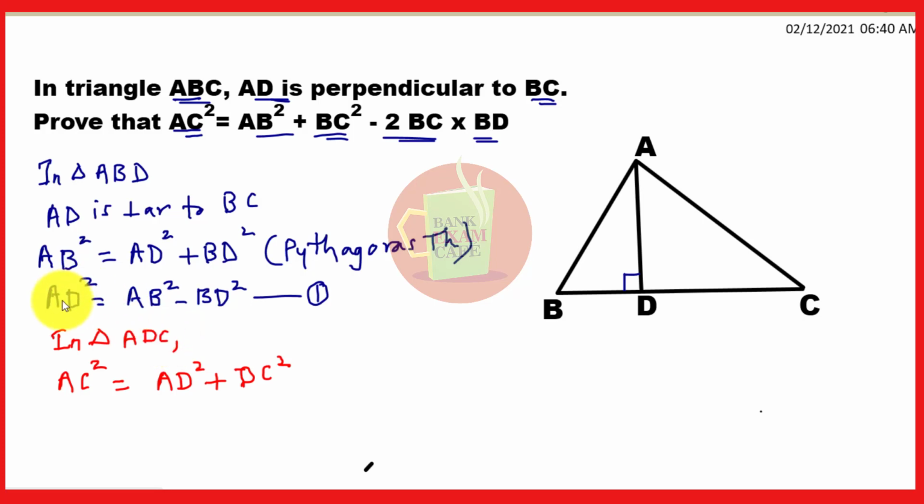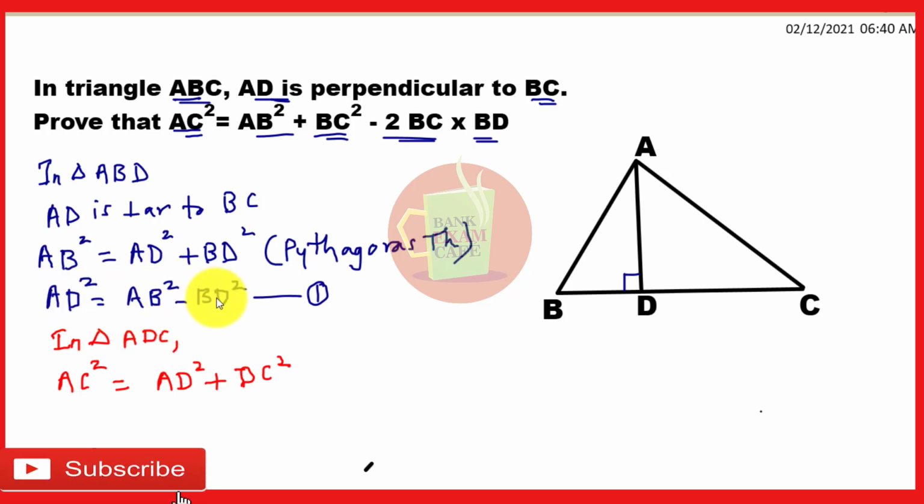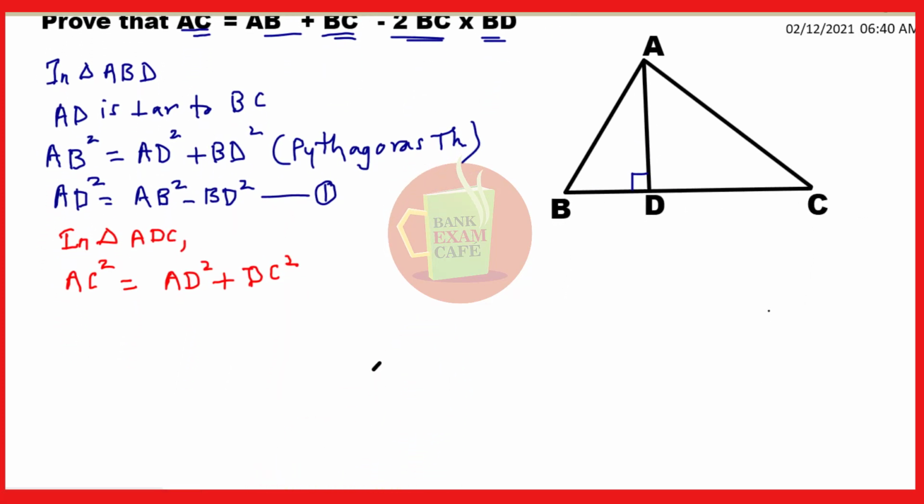But from 1 we know that AD square is equal to AB square minus BD square, so we can write AC square as AB square minus BD square plus DC square. Here this DC can be written as BC minus BD, because the total length BC minus BD will be equal to DC.